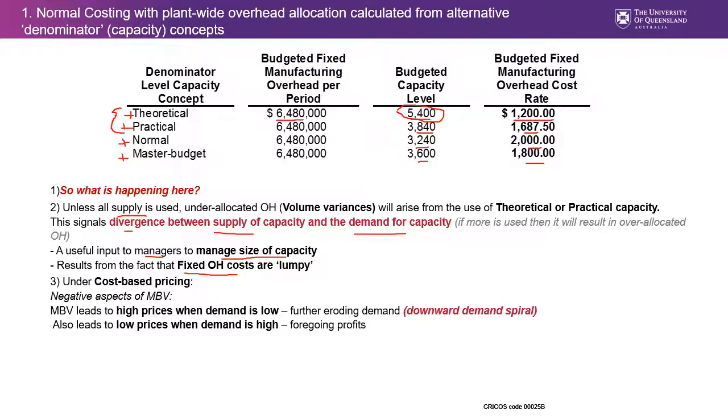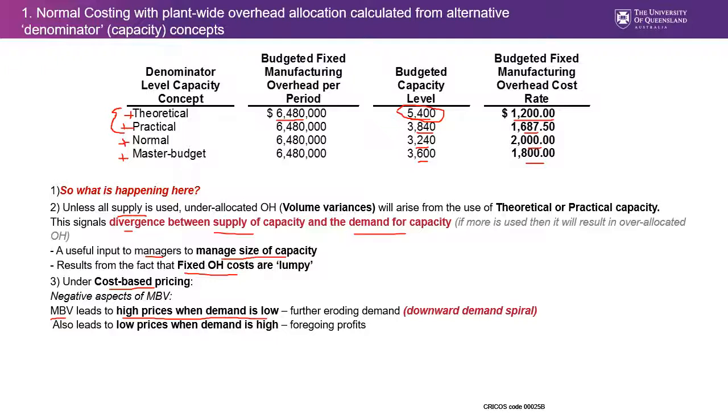Under cost-based pricing, so what do we mean by this? Under cost-based pricing, we take these costs, the total costs for a job, and we either add on a margin or add on a fixed profit to get the price. And if we're using master budget volumes, that can lead to high prices when demand is low. So if our master budget says we're going to only have demand for 2,000 units, our overhead rate will be higher than if the demand is 3,600.